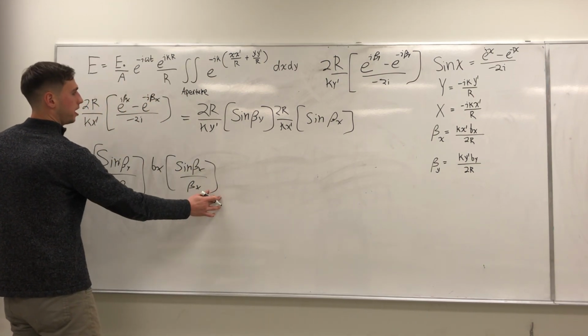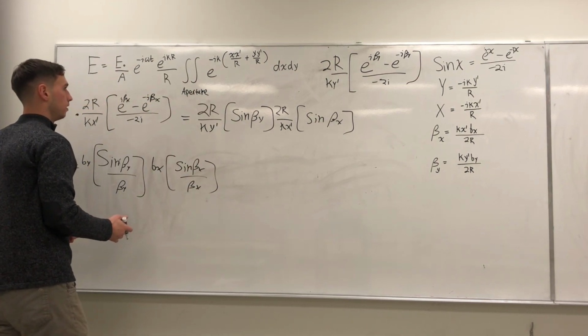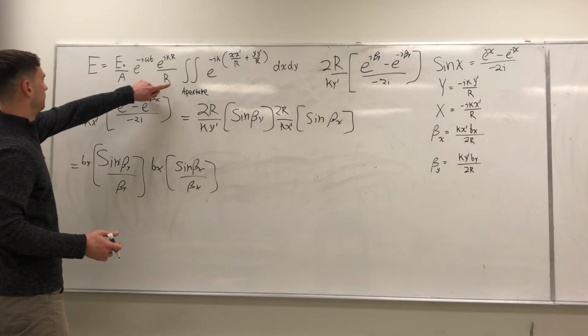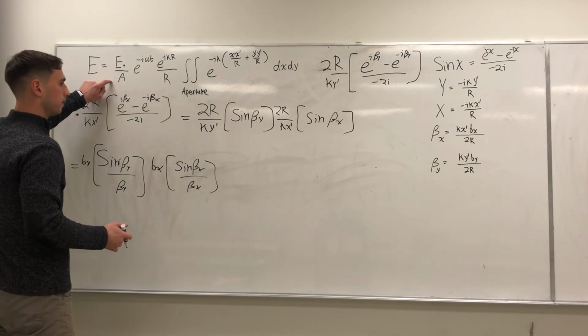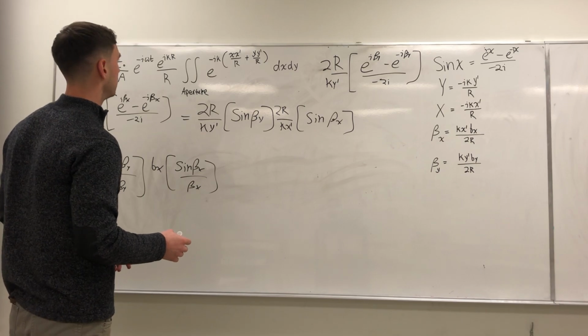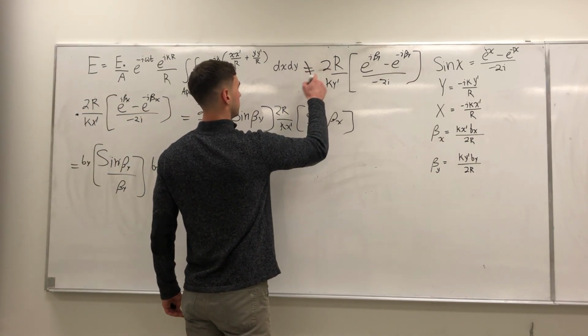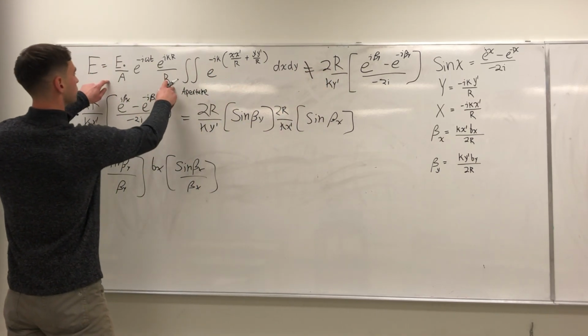So we've evaluated the integral and we made it look nice. Now we just add the factor outside, okay? So again, this does not equal that, because we don't have this factor outside.